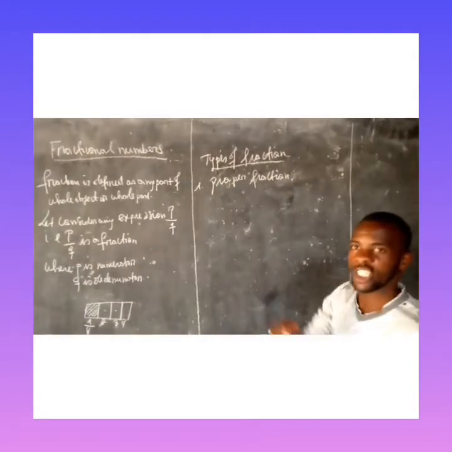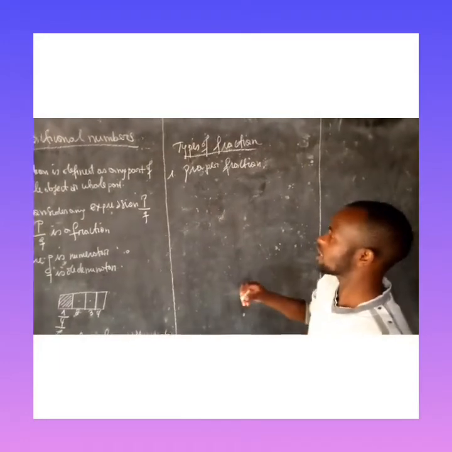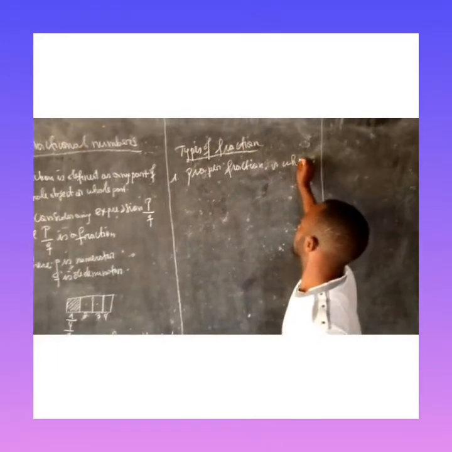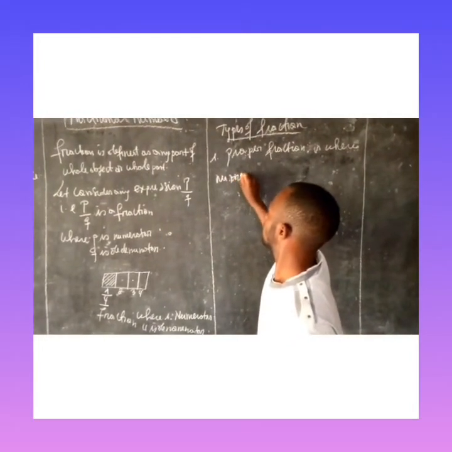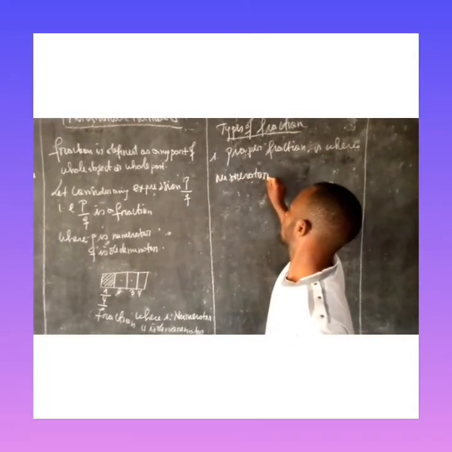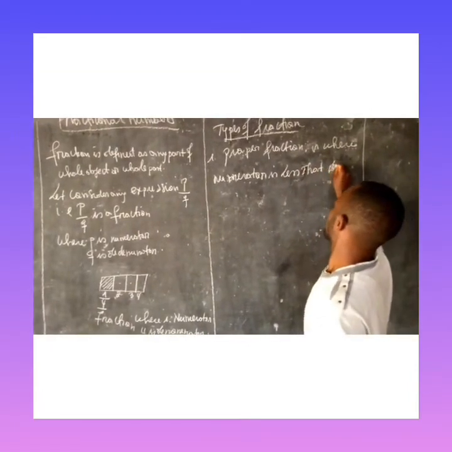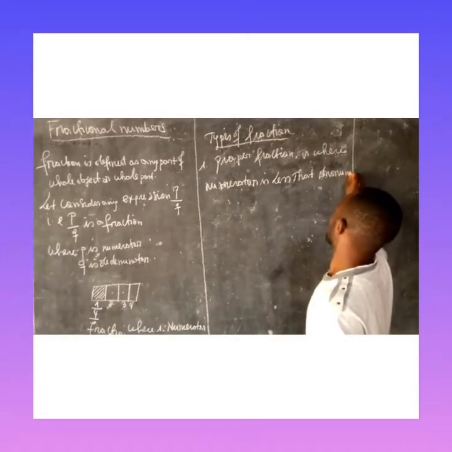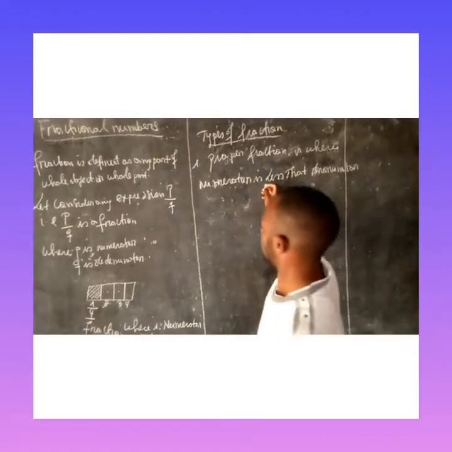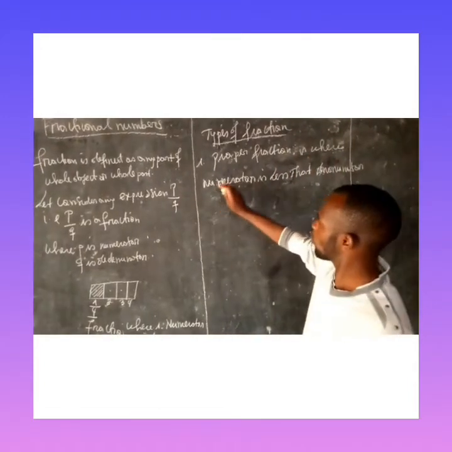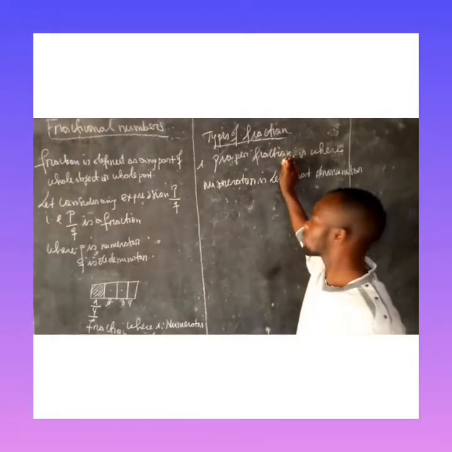A proper fraction is where the numerator is less than the denominator. So if the numerator of a fraction is less than the denominator, we conclude that we have a proper fraction.